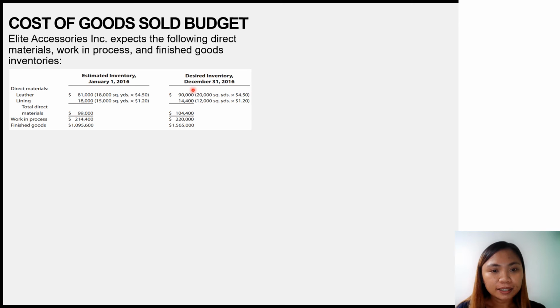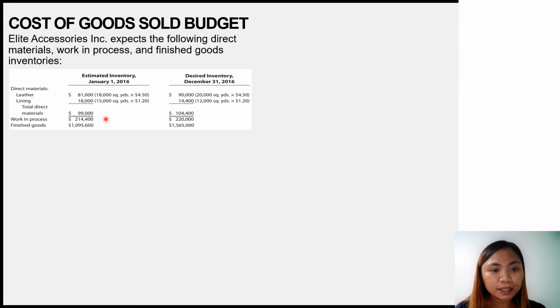And the desired inventory on December 31, 2016 is $90,000 for the leather and $14,400 for the lining. So the total estimated beginning inventory is $99,000, while it is $104,400 for the desired inventory on December 31, 2016.